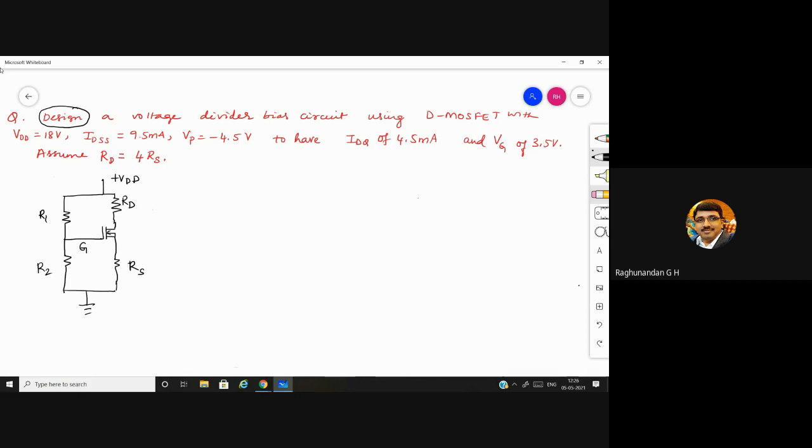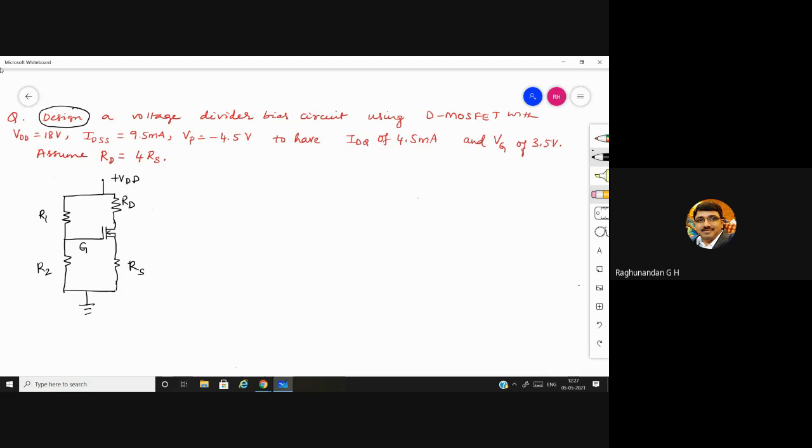Voltage cannot be designed. Circuit can be designed. Circuit designing is finding out the different component values based upon the requirement. The requirement is the current, voltage. Those are all the requirements. To get those requirements, the circuit you are rigging up, that is the design.